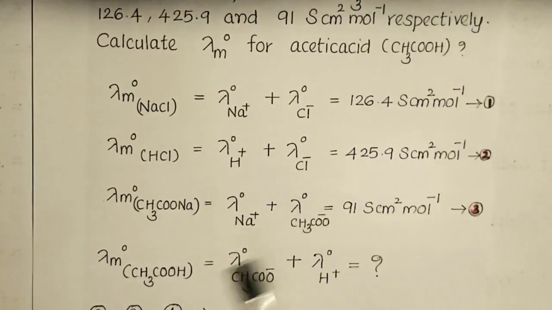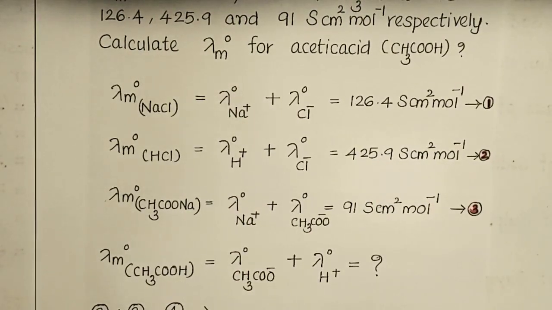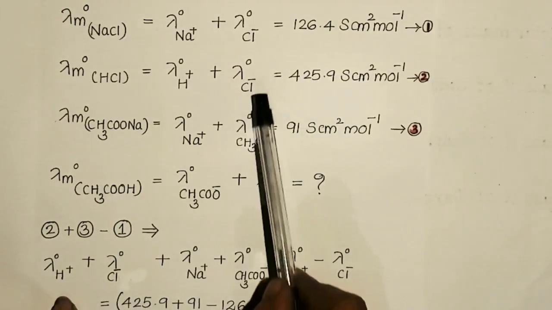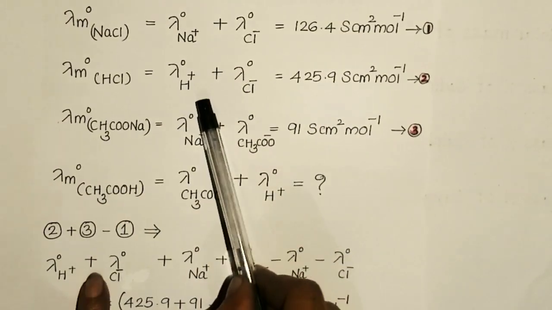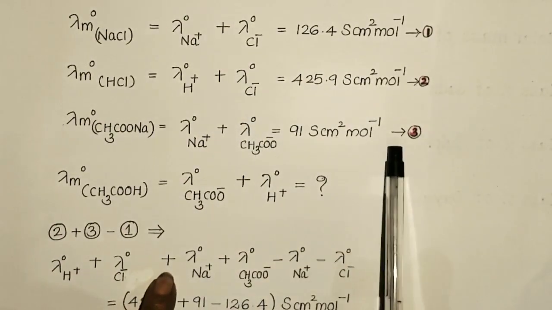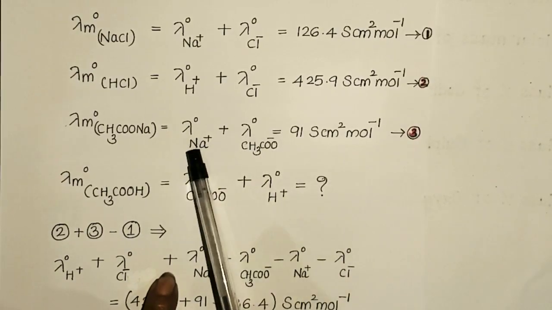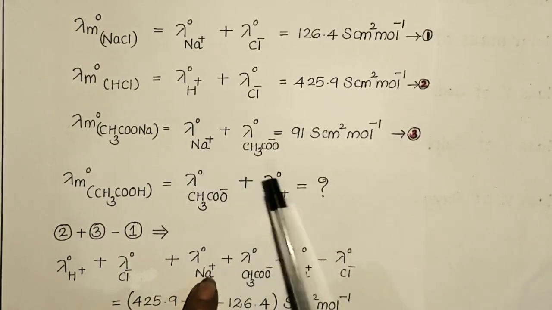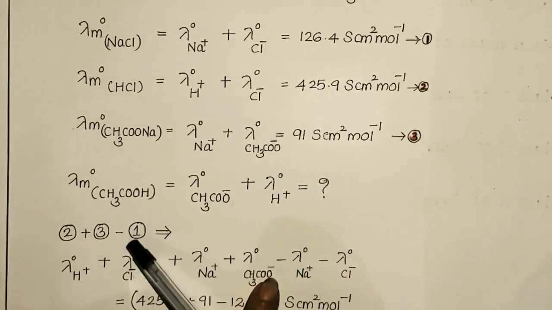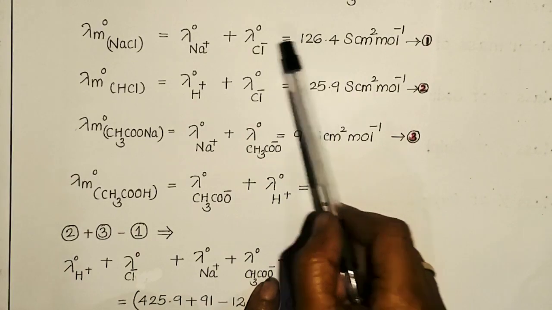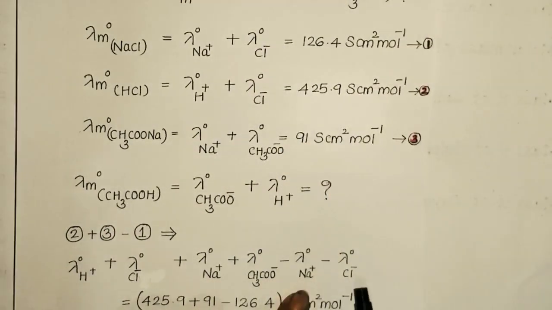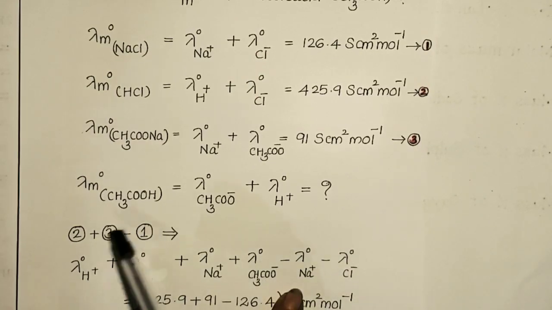Then equation 2 plus 3 minus 1 gives: equation 2, the left side is lambda 0 H+ plus lambda 0 Cl-, plus equation 3, the left side is lambda 0 Na+ plus lambda 0 of acetate ion, then minus equation 1, the left side is lambda 0 Na+ plus lambda 0 Cl-, because it is subtracted from 2 plus 3.